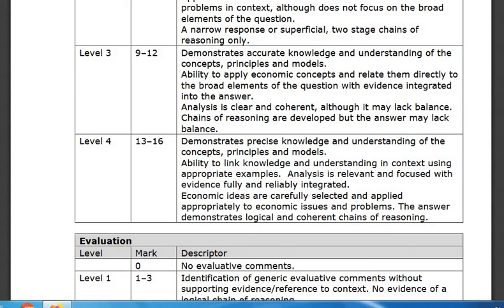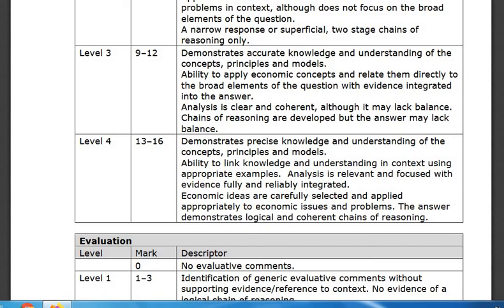Demonstrates precise knowledge and understanding of the concepts, principles and models. So you really need to know your stuff. Ability to link knowledge and understanding in context using appropriate examples. So it's applied. Analysis is relevant and focused, with evidence fully and reliably integrated into your answer.